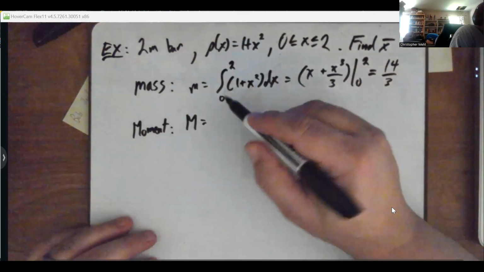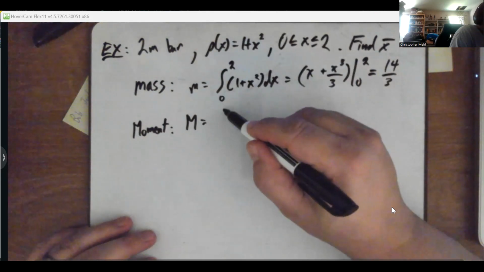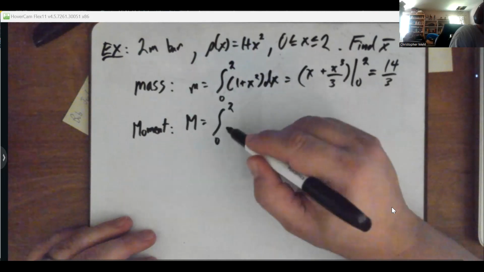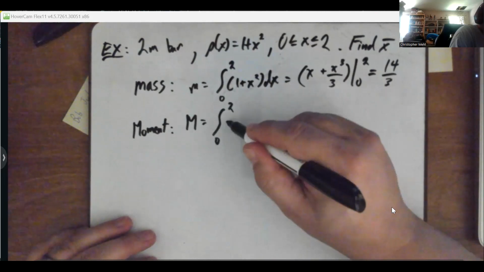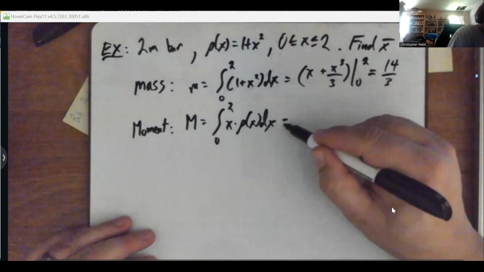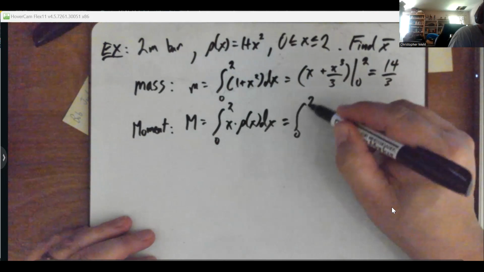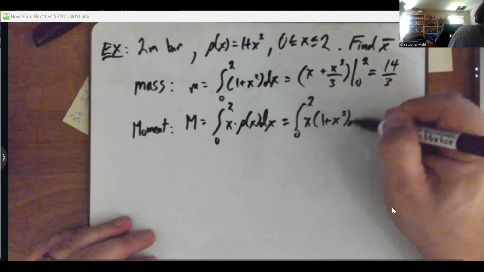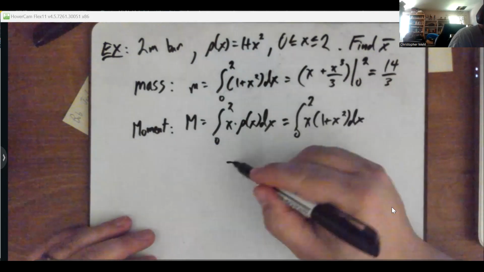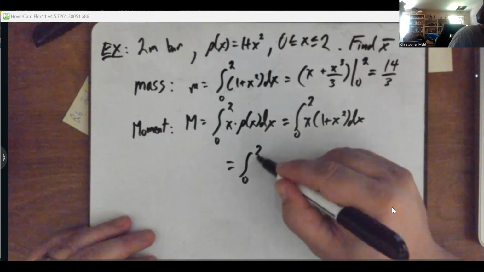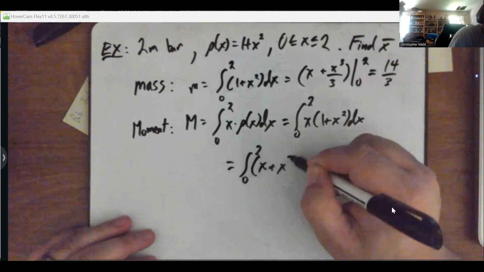Okay. The second one is the total moment. Okay. And that's the integral from 0 to 2 of x rho of x dx, right? That's what it should be. And so that's going to be the integral from 0 to 2 of x times 1 plus x squared dx, which is x plus x cubed.